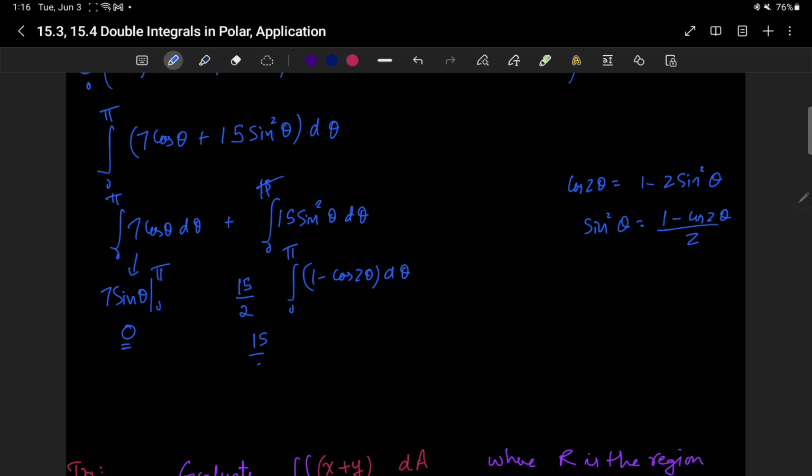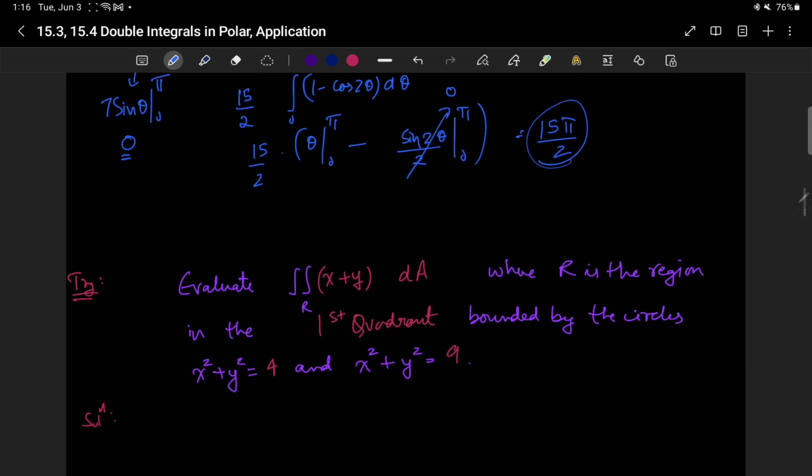So the first part becomes 15 over 2 theta from 0 to pi, minus the integral of cosine 2 theta, which is sine 2 theta over 2, again 0 to pi, and this is again 0 because sine of even multiples of pi is 0. So you just end up with 15 pi over 2. So that's something that you will get.